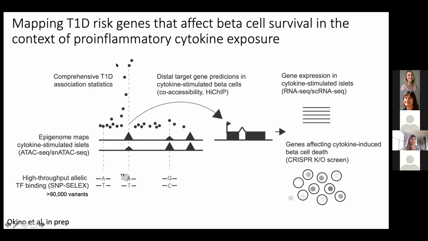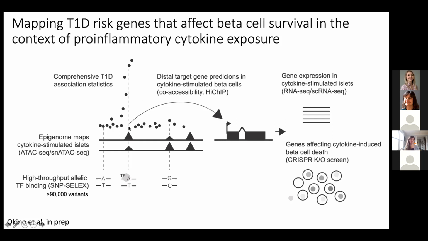So we take association statistics for type 1 diabetes, and we have maps of pancreatic islets and their epigenome, both baseline and cytokine stimulated, for bulk ATAC-seq, but then also increasingly single cell ATAC-seq. We have measurements of variant effects on transcription factor binding in these sites using high throughput reporter assays.